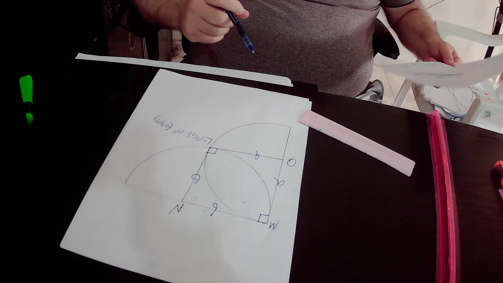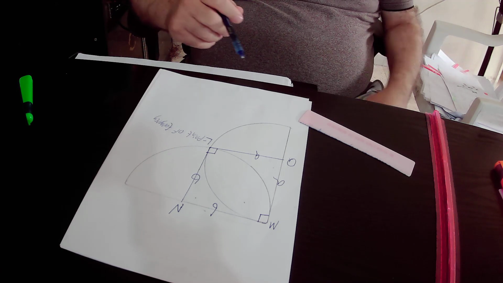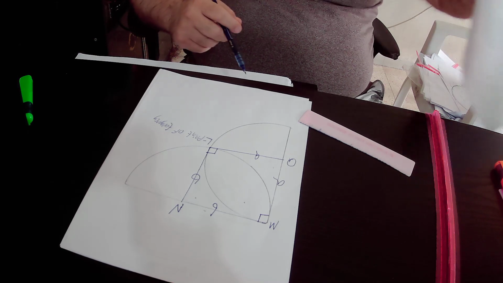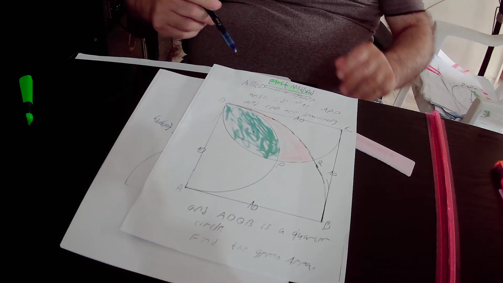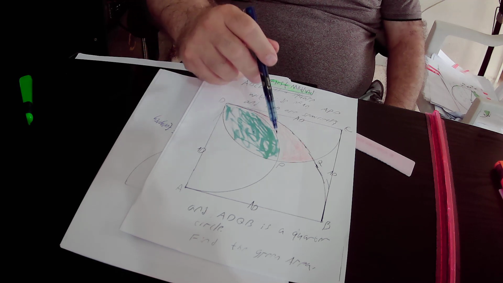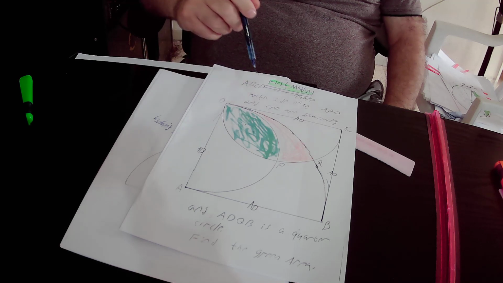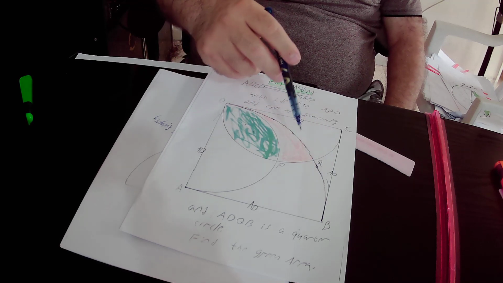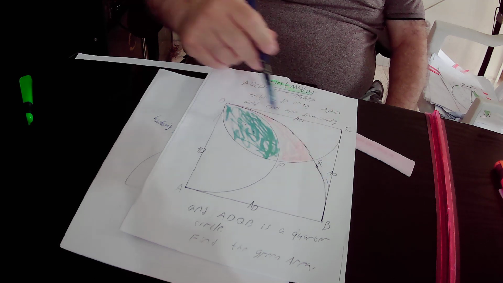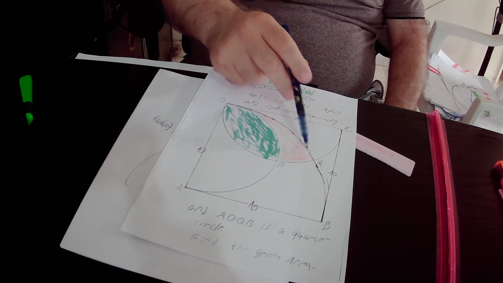That is the reason, and both the semicircles, the two semicircles are perpendicular to each other, and the intersection between the two semicircles created the blue lens, while the intersection of the quarter circle with this semicircle created the big lens.